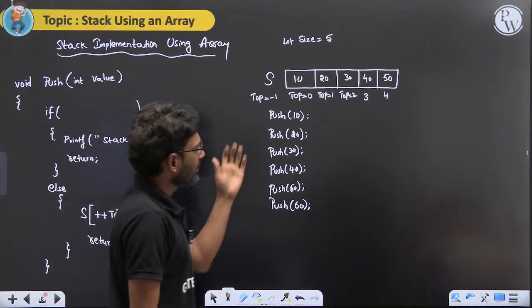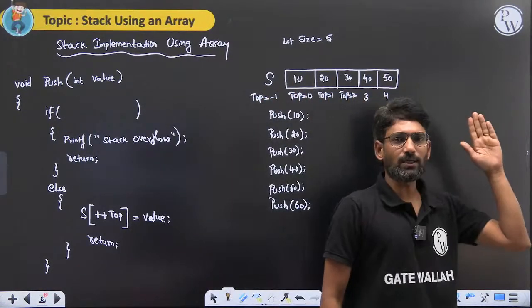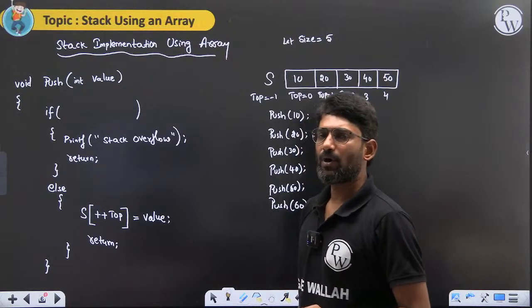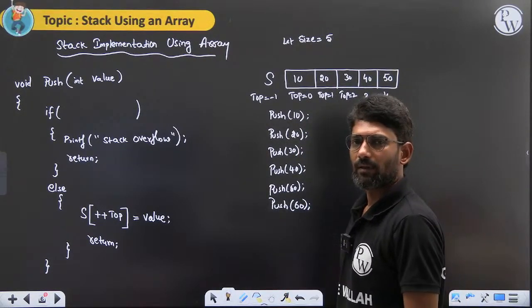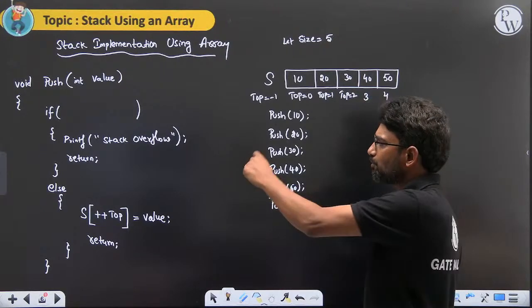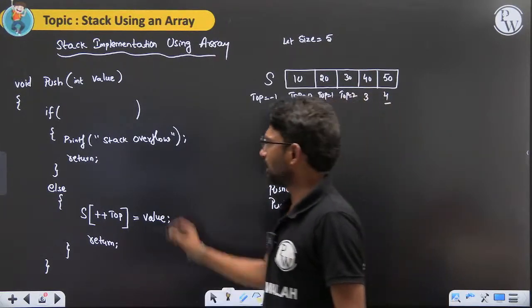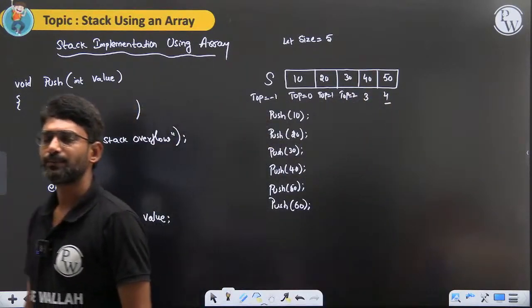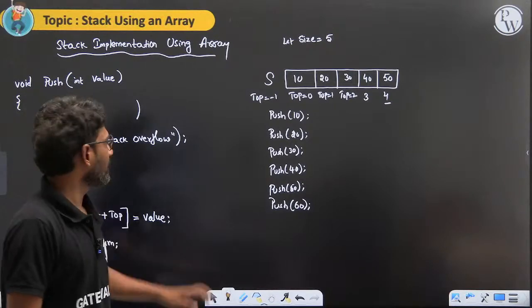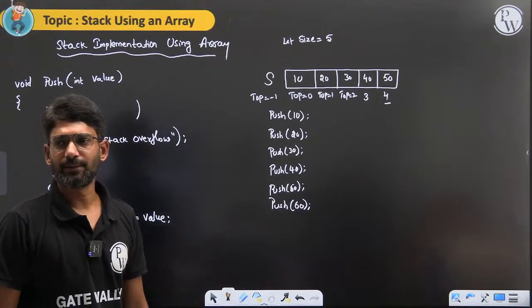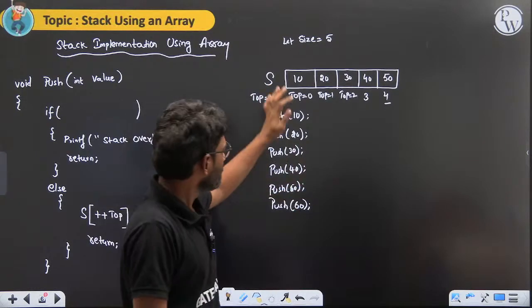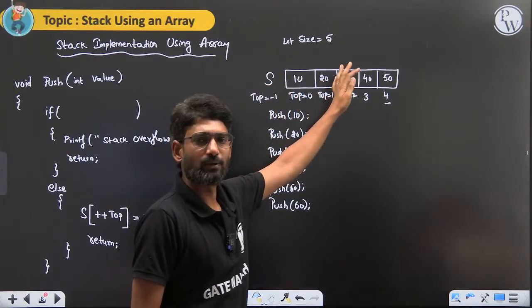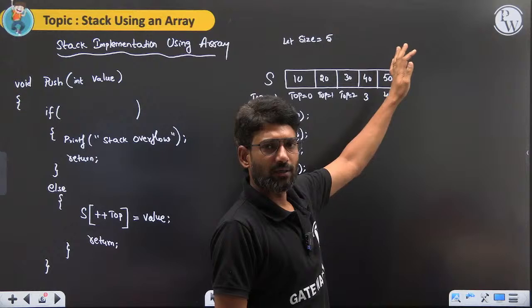That means upon what top value I should not increment it further and I should print overflow. So what should be the condition I have to write here? If top is minus 1, not overflow, 0 not overflow, 1 not overflow, 2, 3 not overflow.